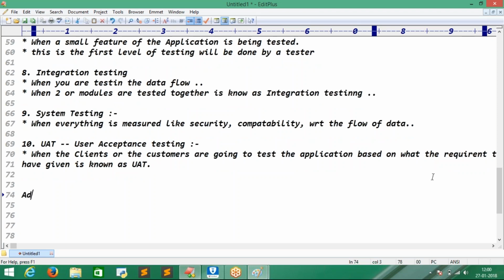Then talking about the advantages of the V model. What is the advantage of the V model? Let's discuss.